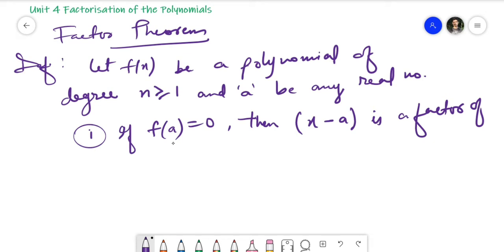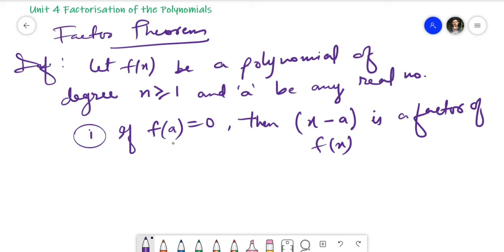Again, we already did some questions where we put 1, 2, 3 and the equation becomes 0, and that gave us the answer. Earlier we used to find the value that way, isn't it? Same thing over here.